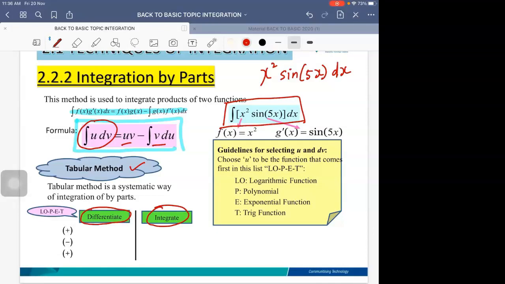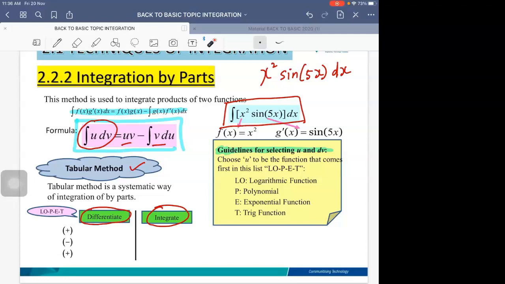So how to decide your u and v? We have these rules or guideline here. If you look at this yellow box, choose u to be the function that comes first in the list: logarithm or ln, polynomial, exponent, trigo.